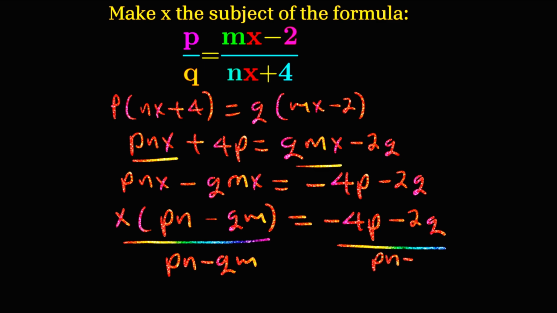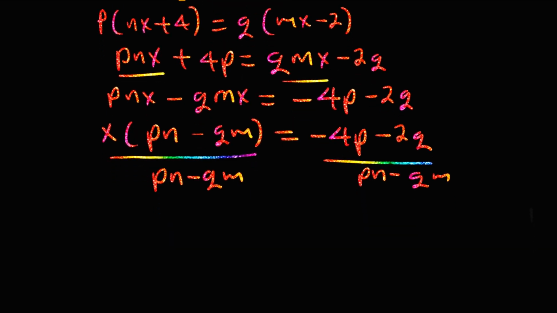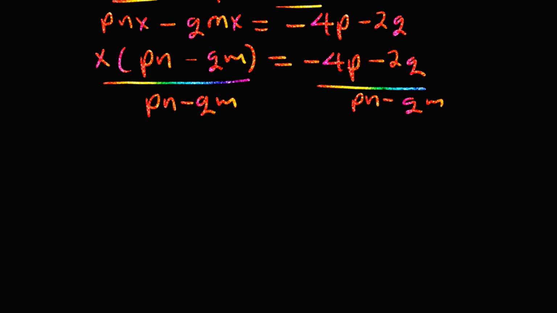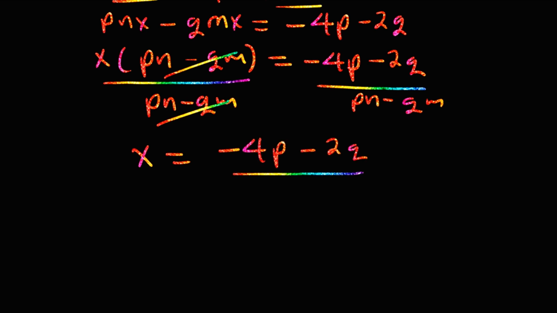So we have pn minus qm. Then we now simplify both sides. So on the right hand side, pn minus qm and pn minus qm will cancel, so that we have x equals, so here we have (minus 4p minus 2q) all over (pn minus qm).